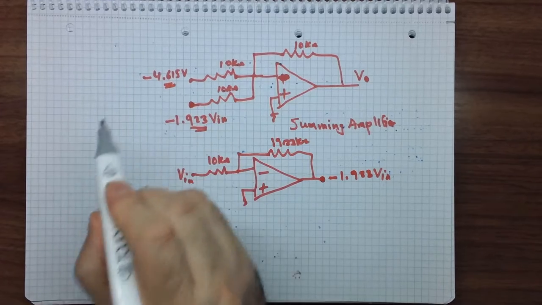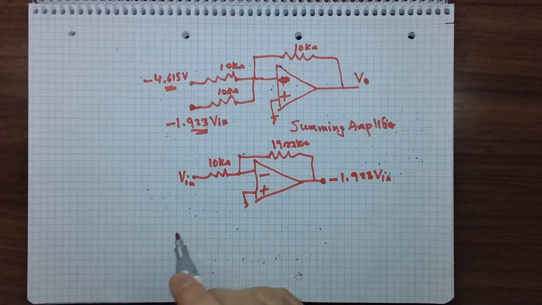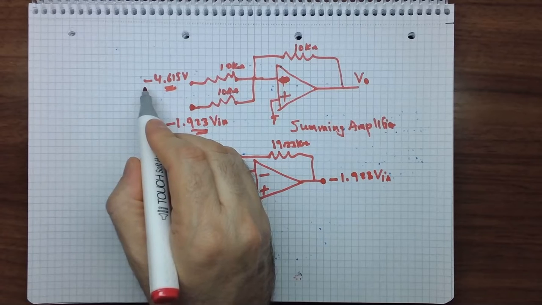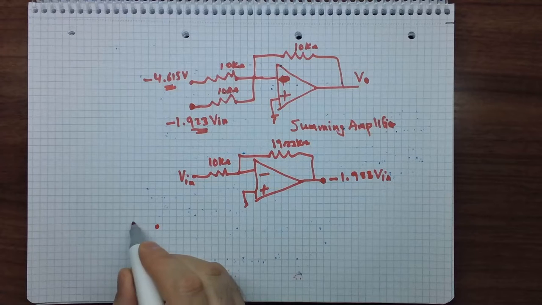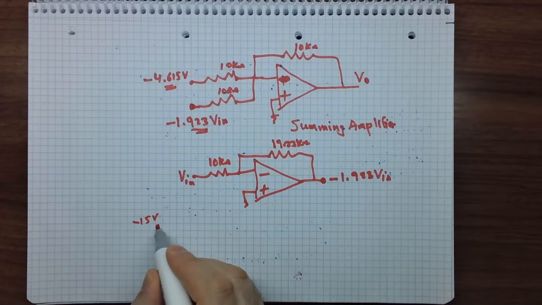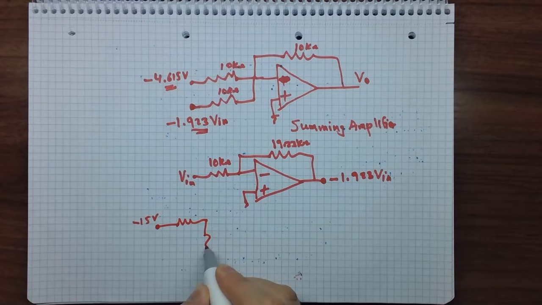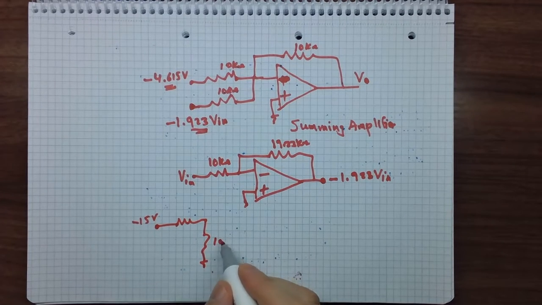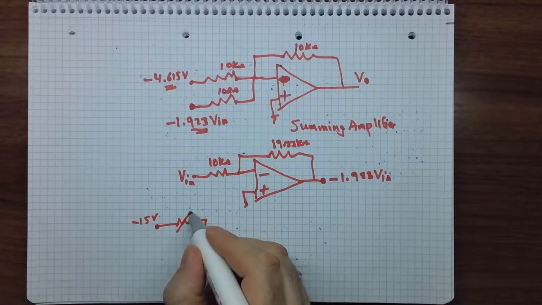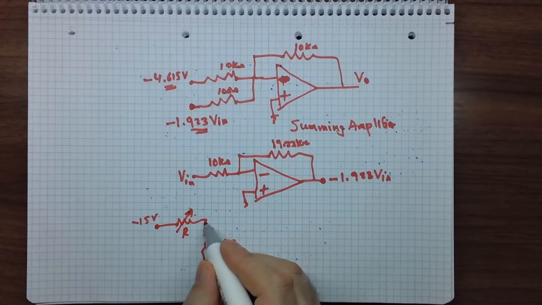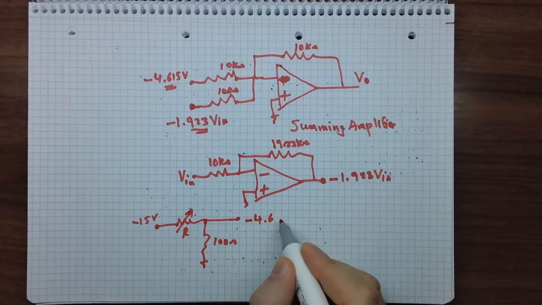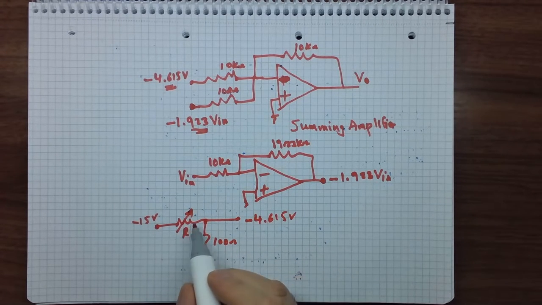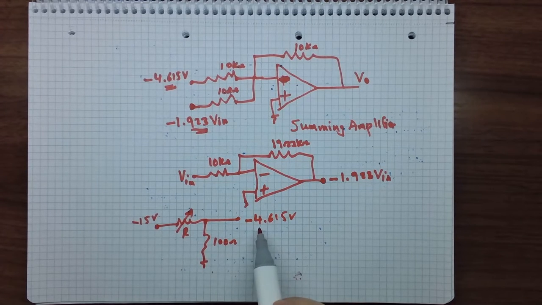The second term here is DC and is negative, so we can apply, for example, a minus 15 volt supply, and we can use a voltage divider. We can put 100 ohm here, and we can choose a variable resistor here to get a voltage here of minus 4.615 volt. You can adjust this resistor to have a voltage of around 4.61 volt.